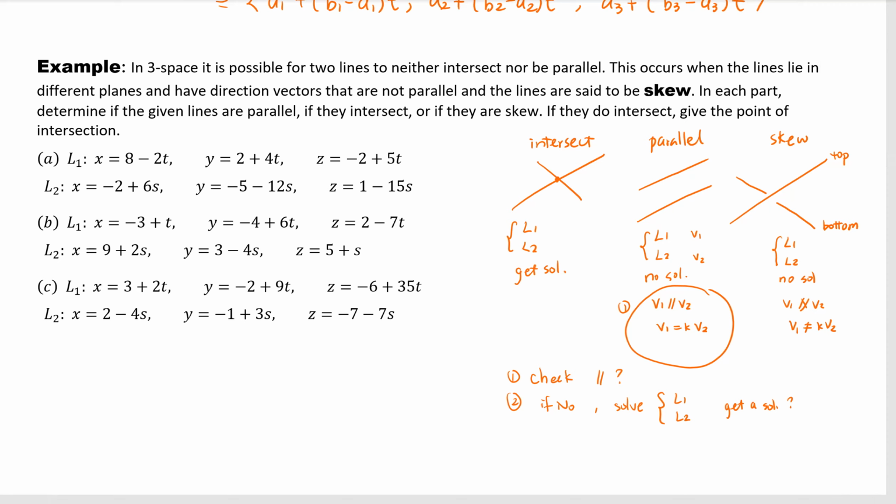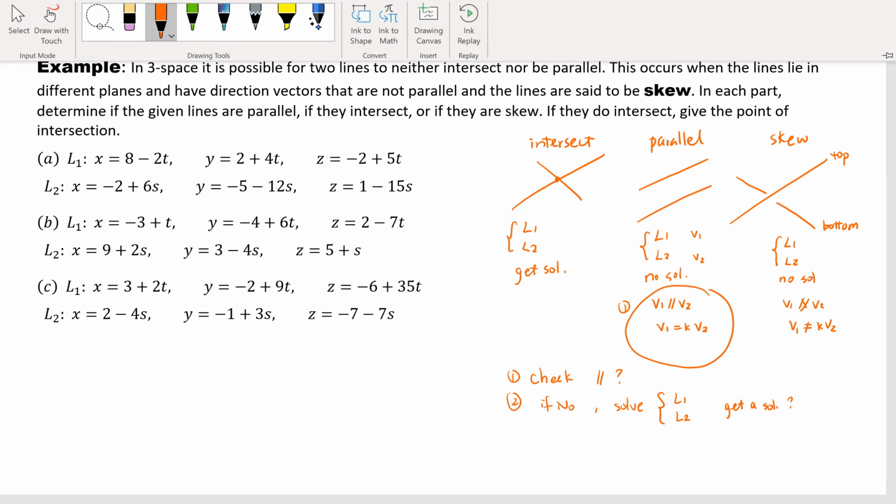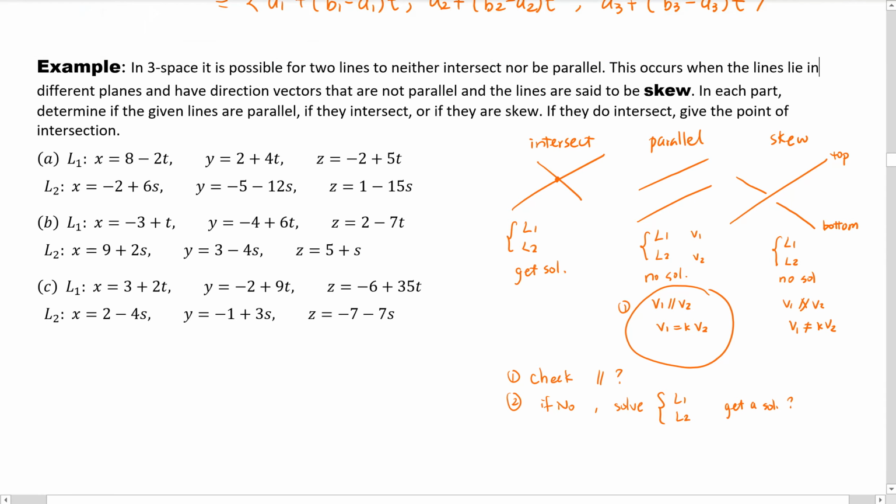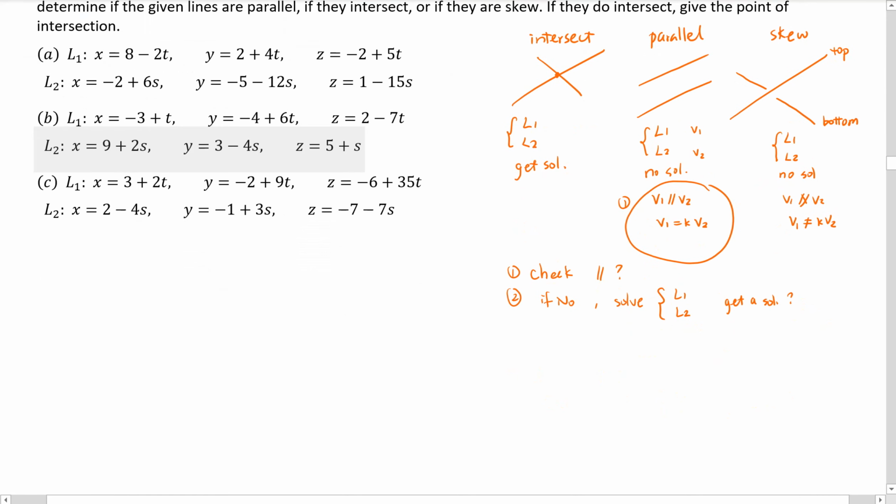Let me use a different color so you can see the common rules, and now is when we solve it. Okay. First one. So let's look at the first line. Okay, so how do we figure out a point? From a line, the point corresponds to the constant term.